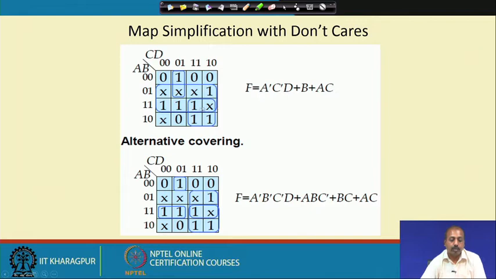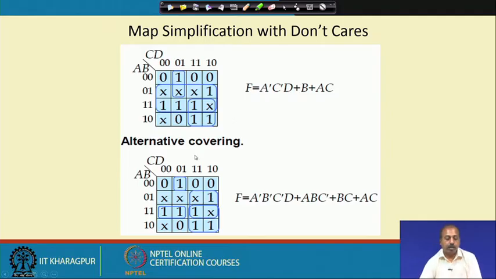Here A is not changing its polarity and C is not changing its polarity. So, this is AC. So, B plus AC, and for this pair, A is not changing its polarity, and C and D are not changing their polarity. So, A C bar D is for this pair. Accordingly we can do this.